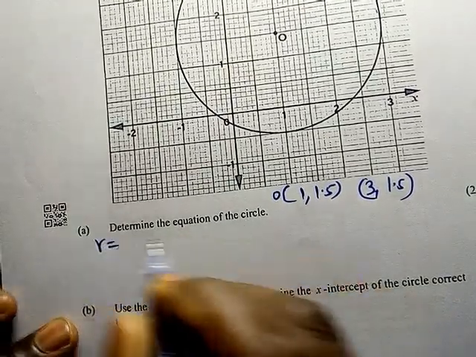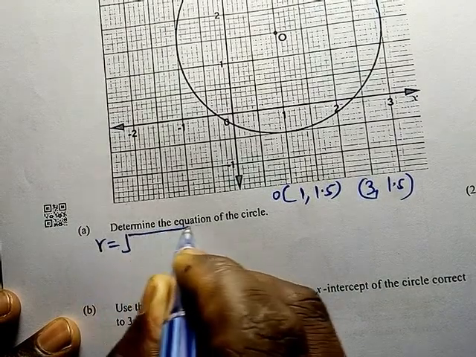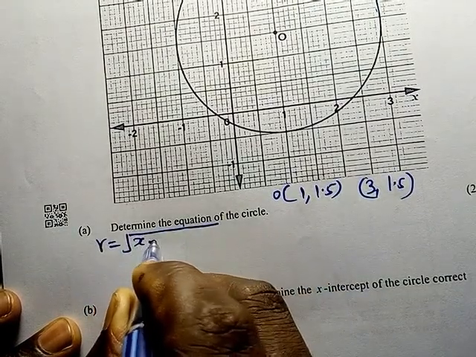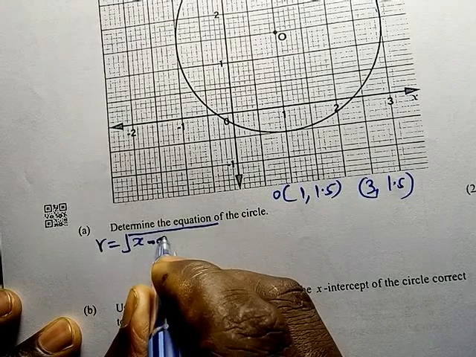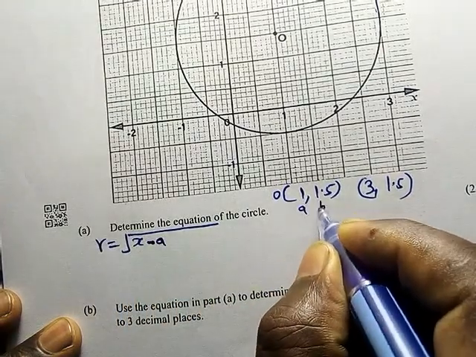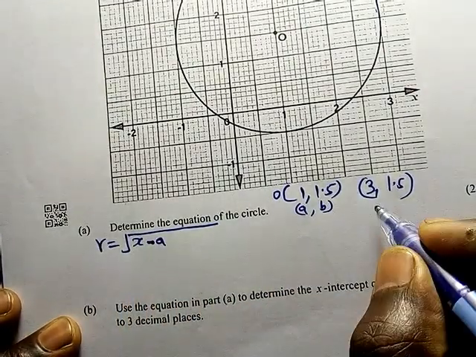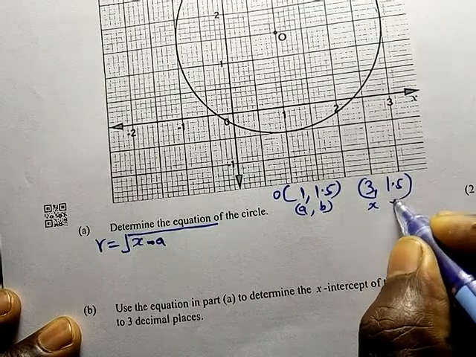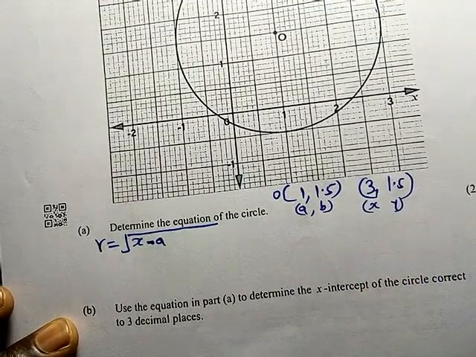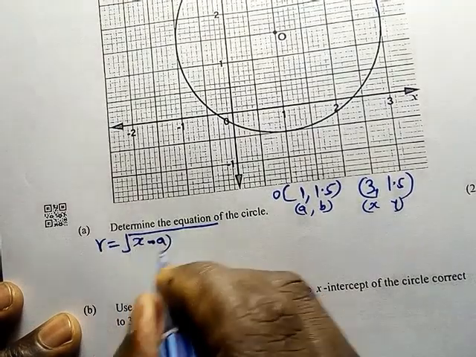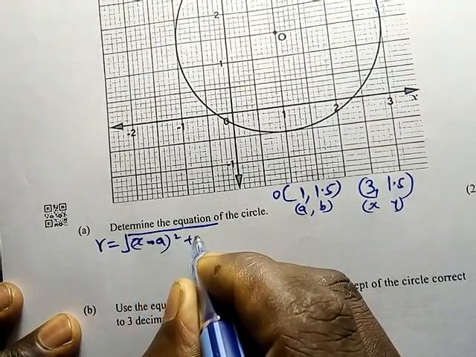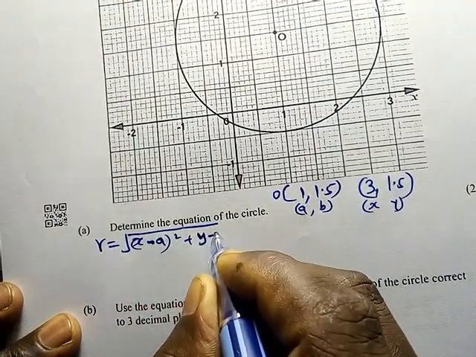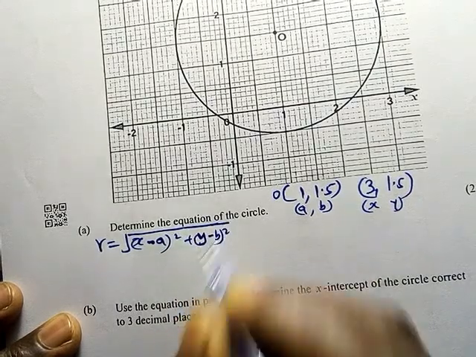The radius of a circle is given by the square root of x minus a, where, remember, a and b are for the center, and x and y are for the point, squared, plus y minus b squared.